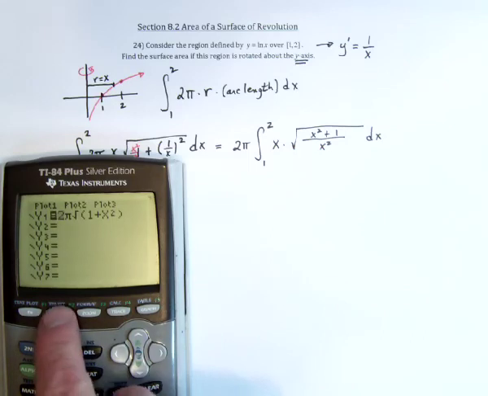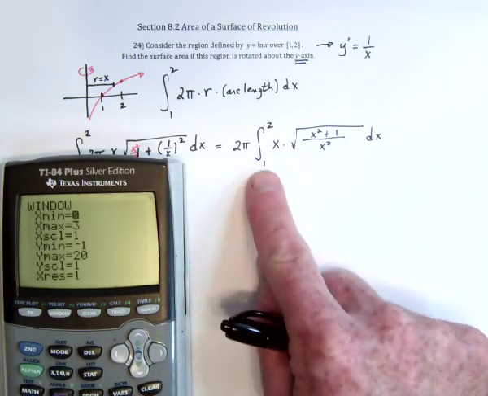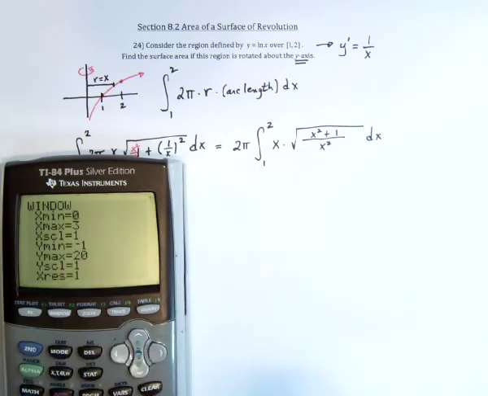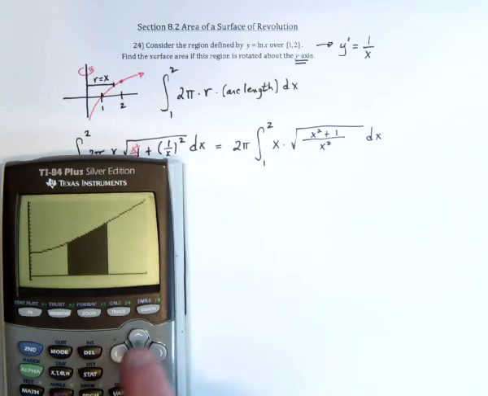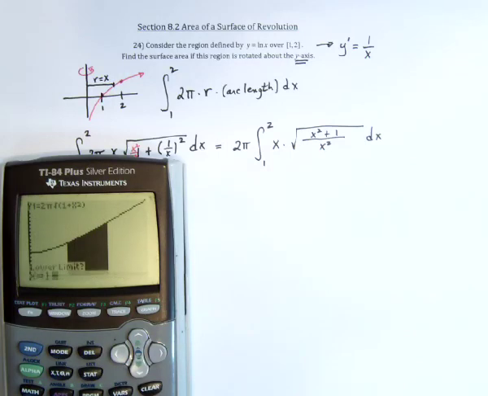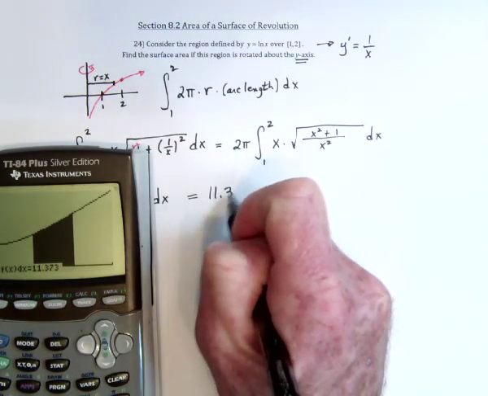And then for the window, x should include the 1 to 2. And then it goes up to the teens, so I put 20. And if you look at the graph and then calculate the integral, number 7, from 1 to 2, it turns out to be 11.373.